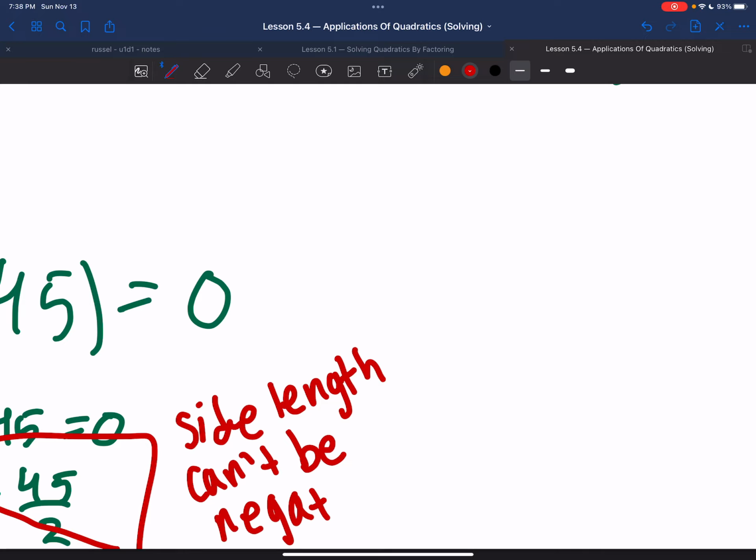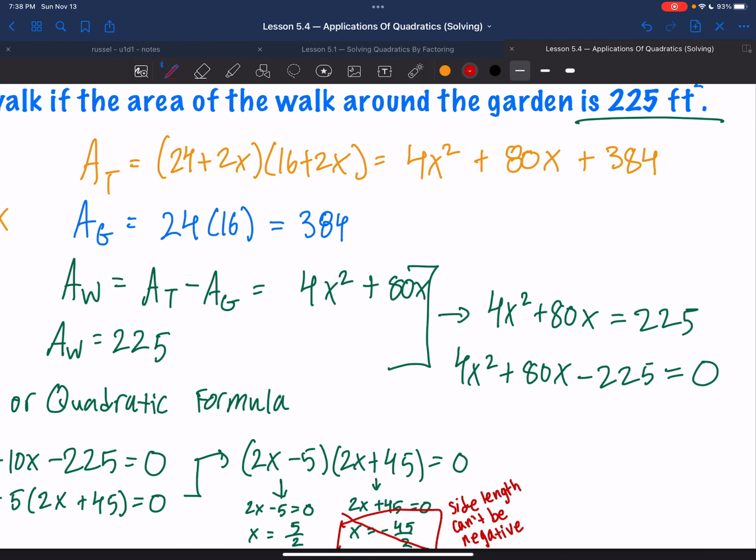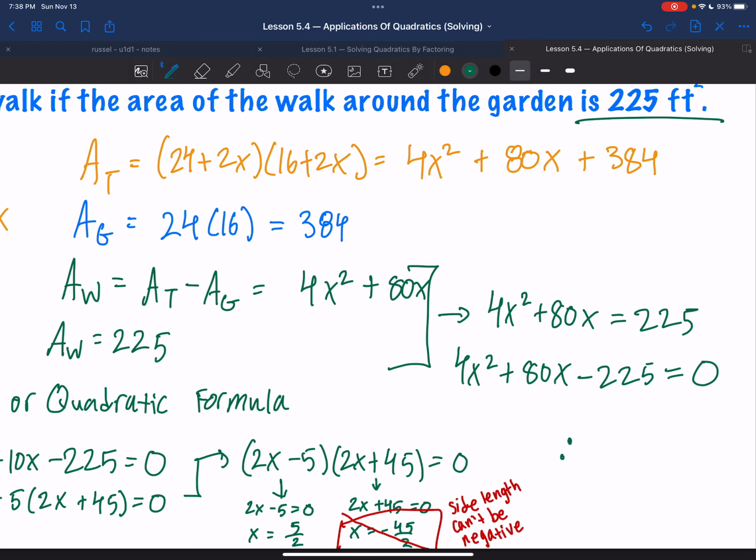Negative. So I automatically rule that result out. Therefore, x equals 5 halves. Or you could say that x equals 2.5 feet.